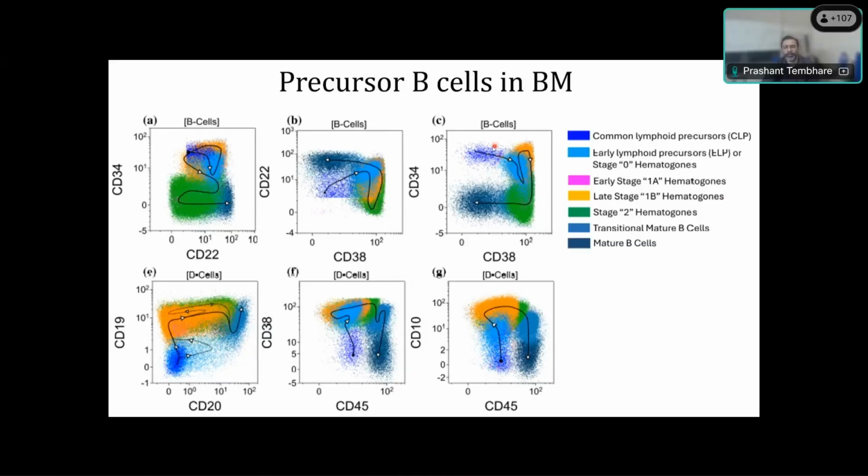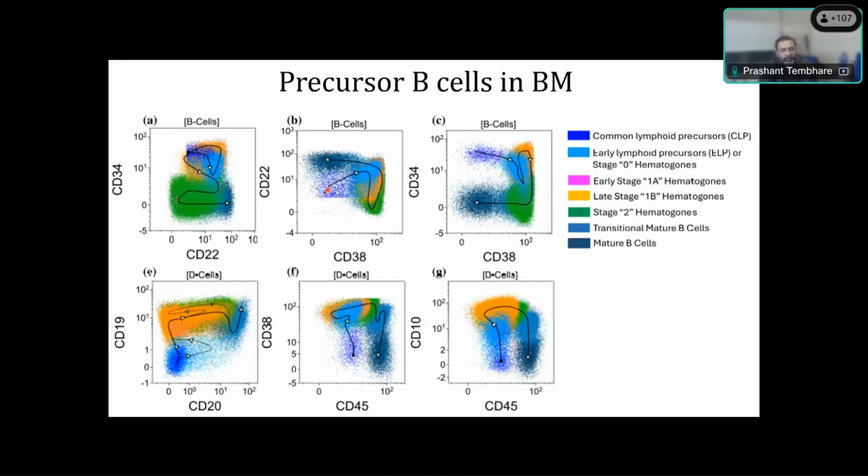Let's focus first on the hematopoietic stem cell. The common lymphoid precursors are CD34 positive and CD38 negative. You know that CD38 is very important. Normally all B cell precursors express CD38, except the early precursors, the common lymphoid precursor, which has CD38 dim to negative.